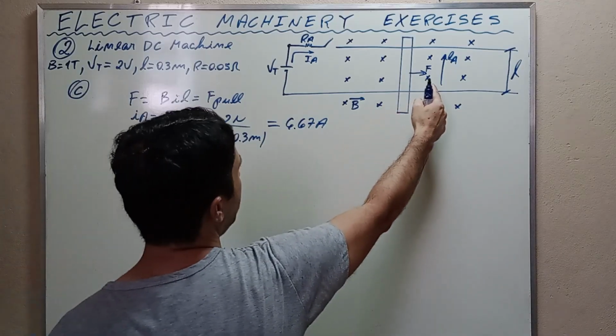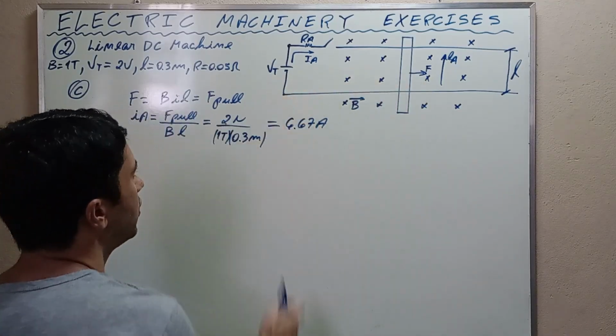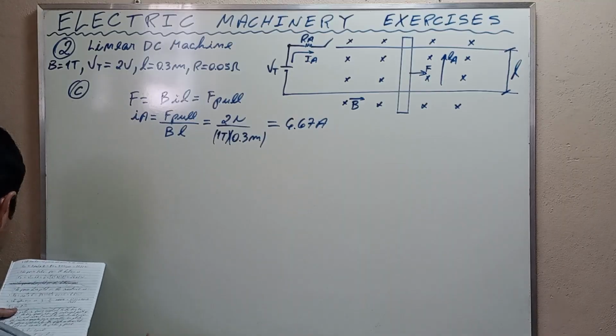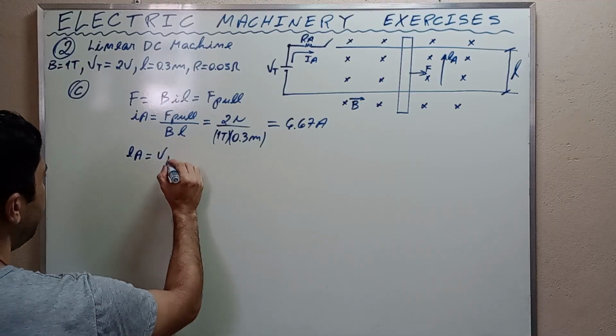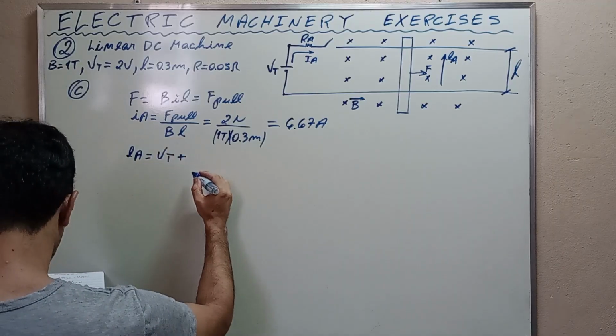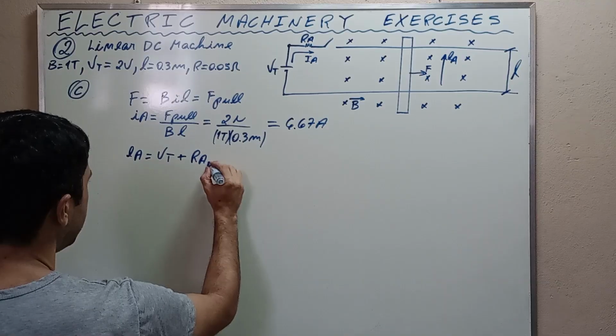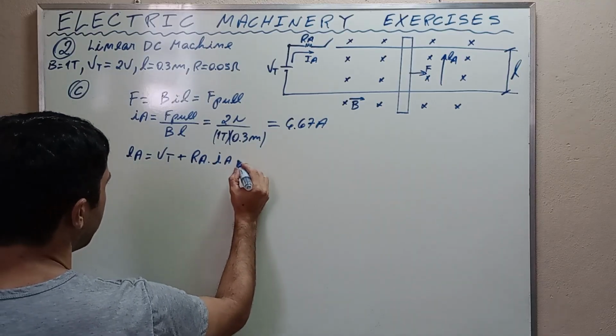Alright, my friends, the voltage along the bar will be the voltage here. This voltage here will exceed Vt, okay? So EA is equal to Vt plus Ra times Ia.